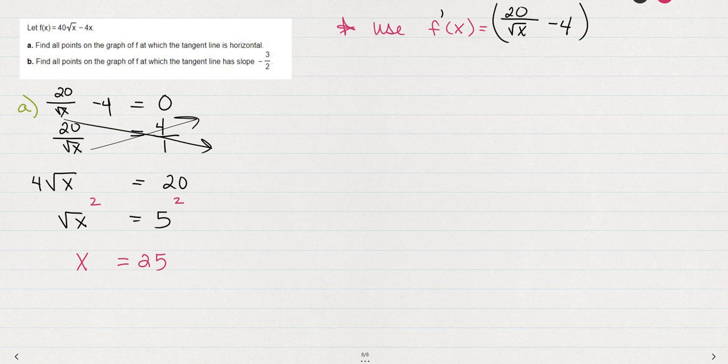I do want to point out that there is a possibility that there could be more than one point, right? But for this one, there's only one x that solves this equation. We're not quite finished yet because the question says to find the point. x equals 25 is not a point. To find the y, we'd have to replace x with that 25.